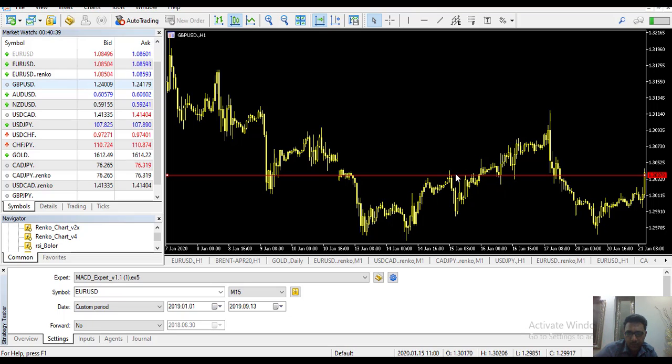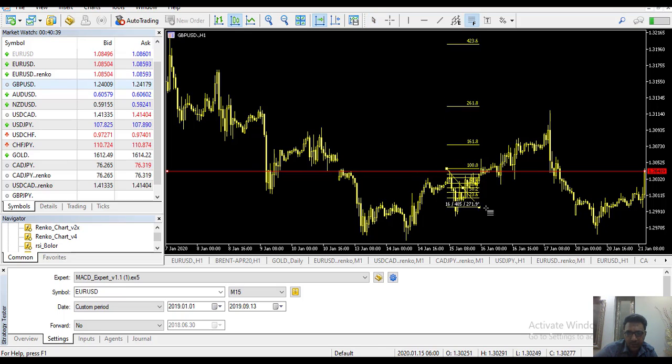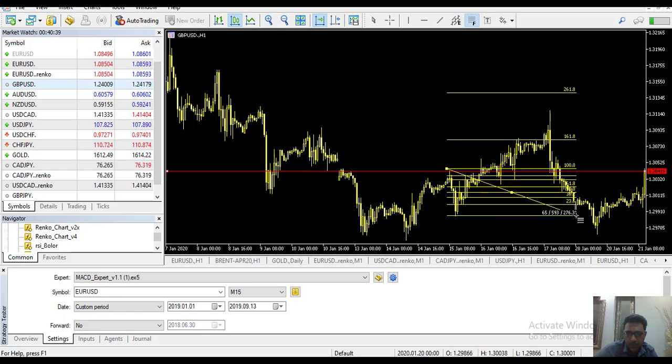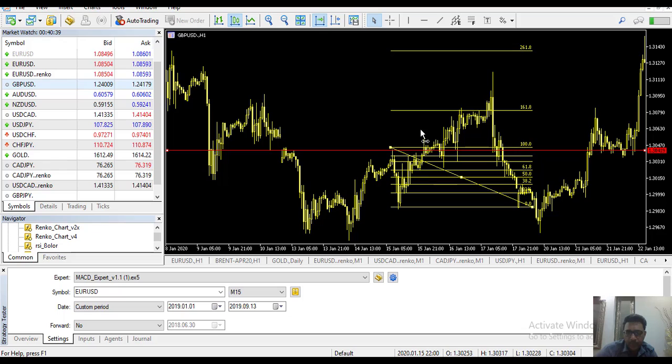Why isn't this working? Okay. Now here you see. At least your first TP can be hit. Then you can move your stop loss to break even.